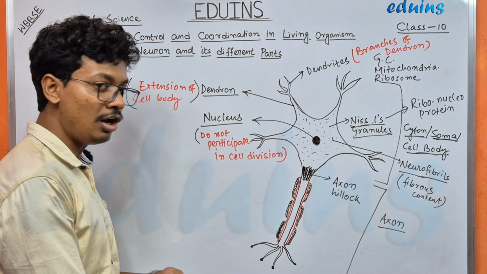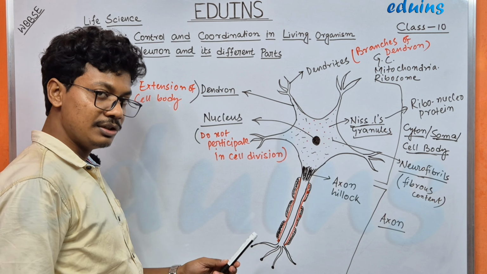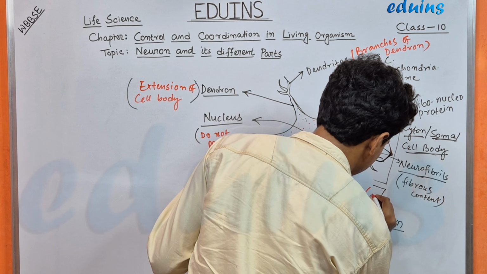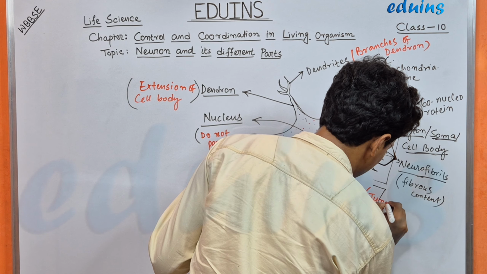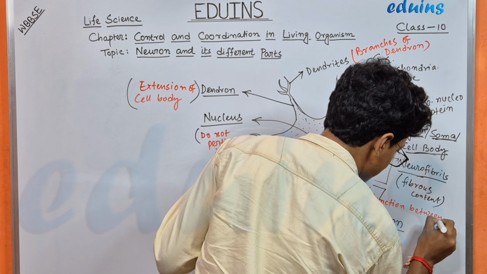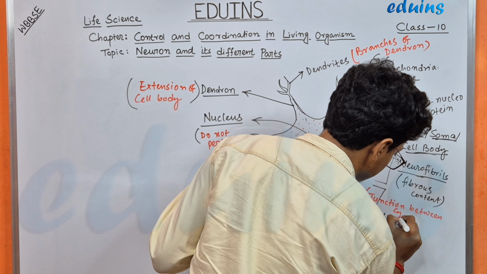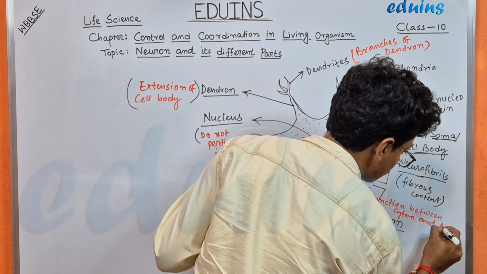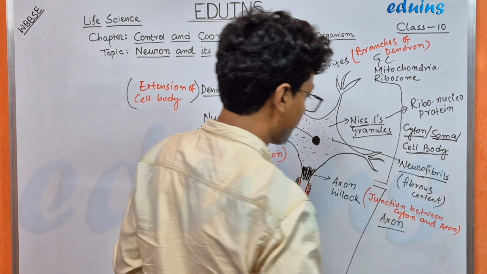What is the axon hillock? The junction between cyton and axon.